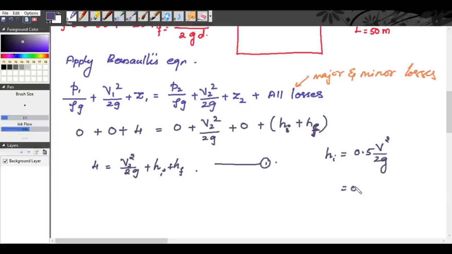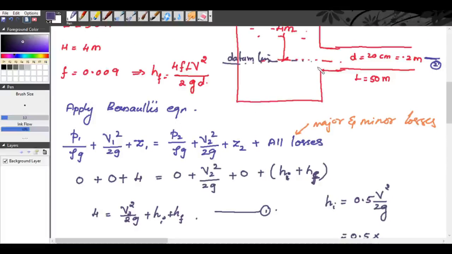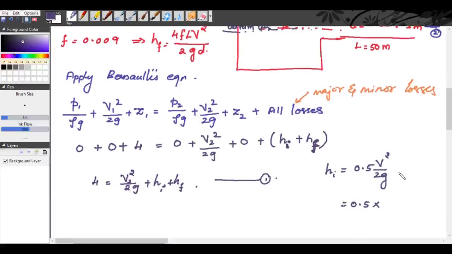So substituting, we get 0.5 V2 square by 2 into 9.81, or 2G. This velocity is considered as V2, due to the inlet of the pipe.